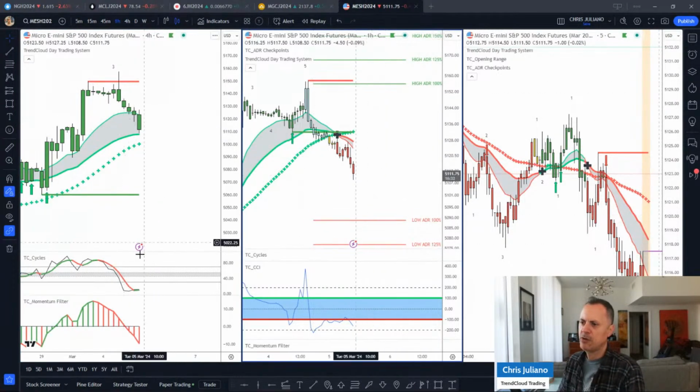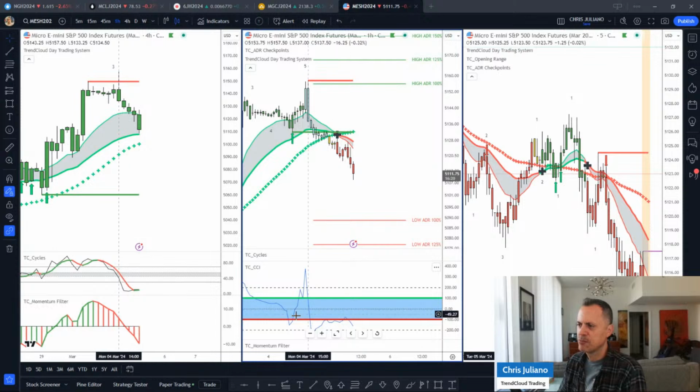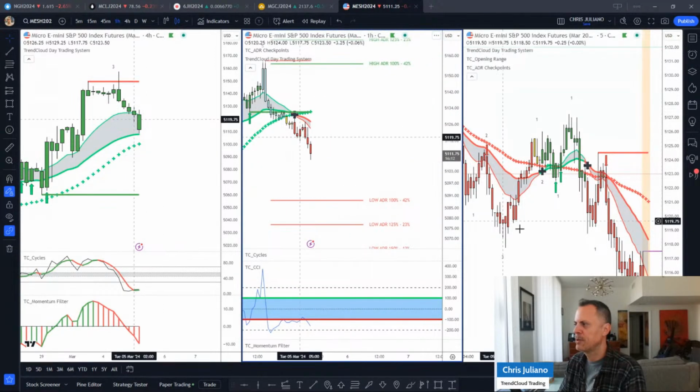Okay, so we are pulling back into the trend cloud, pulling back into that fourth wave, just starting to cycle back up, but we've got a tremendous amount of downward momentum, right? Tremendous amount of downward momentum.